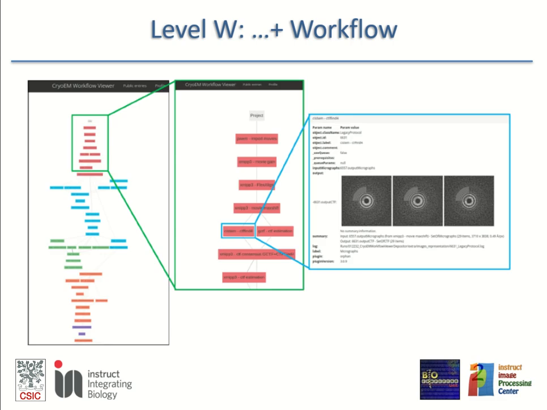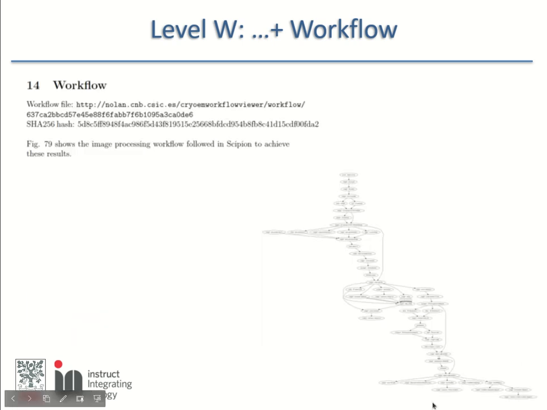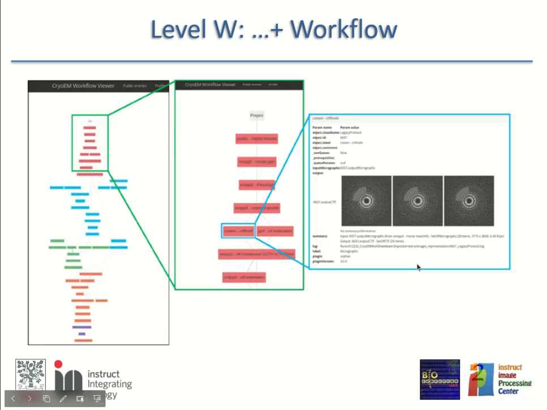And if you connect to that web page, in the PDF you see a summary of the workflow, but in the web page you can also interact with the workflow. So you see all the workflow steps, and if you click on any one of them, you can see the parameters that you have used, a summary of what was the input, what was the output.